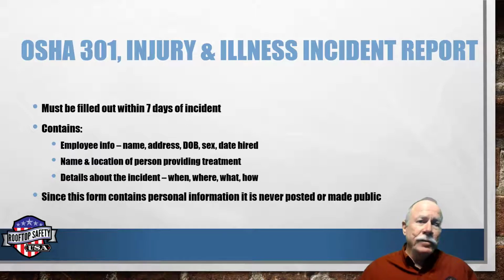Okay, and this OSHA 301 incident report must be filled out within 7 days of the incident. And this form contains personal information, so it's never posted or made public.